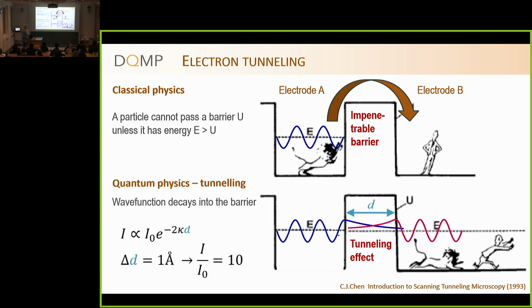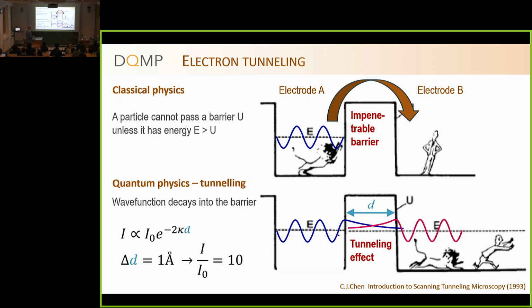And the tunneling principle that he explained is when you have this possibility for the wave function to decay into the barrier, and if you bring now a second surface sufficiently nearby, so this distance d has to be extremely small, then there is a finite probability for these electrons or particles to escape from inside the material.